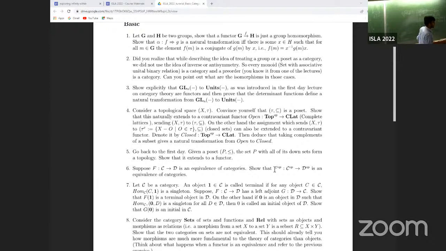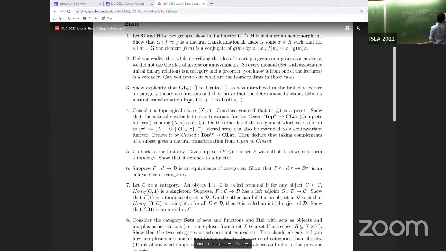Yes, I understand how F op is defined. You send object to object, and small f op to f of that op. If you understand that, then you define G op in a similar fashion. It's straightforward, right?